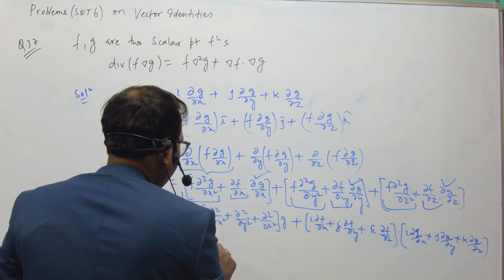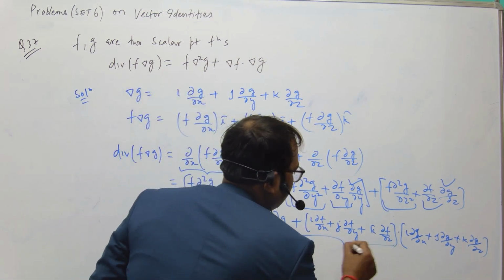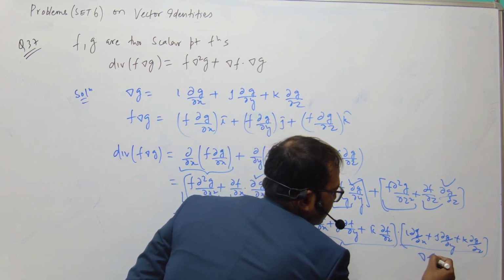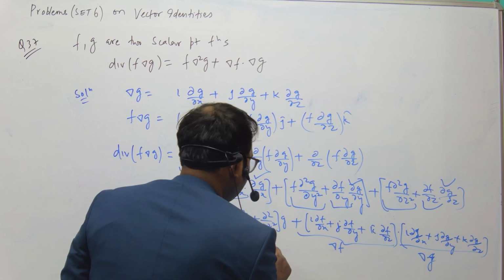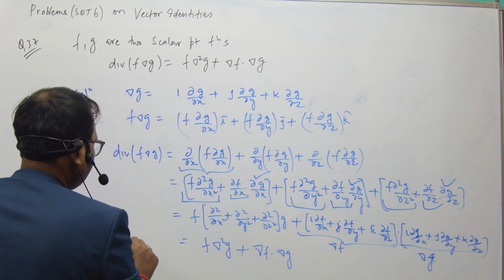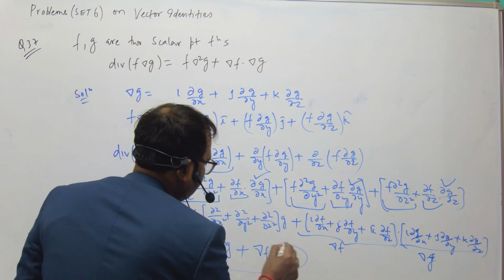This is equal to f times del square g plus del f dot del g. This is the divergence of f times gradient of g. समझ में आ रहा है?